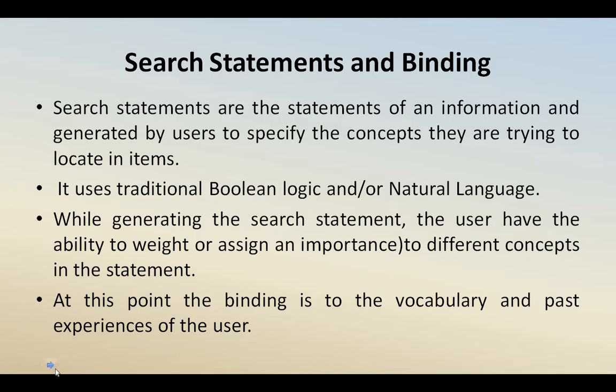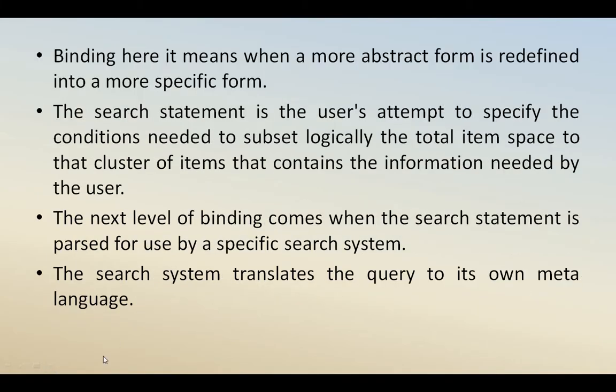That means binding is an important thing here, based on the vocabulary and past experiences where that particular item is located by the user. Binding normally gives a more abstract, redefined, or more specific form of the information we are going to retrieve.